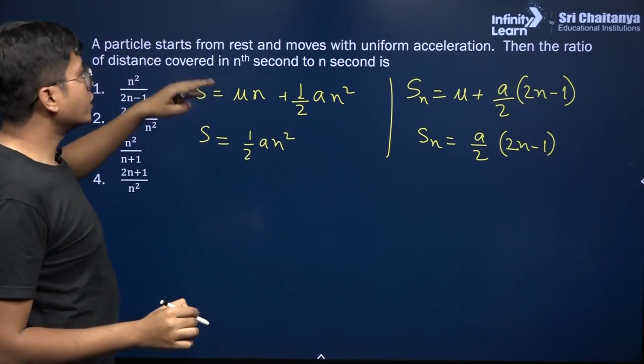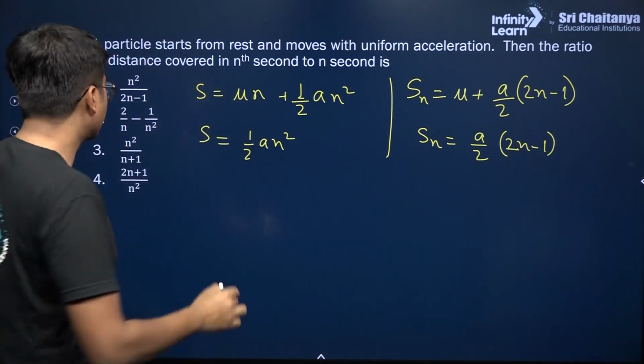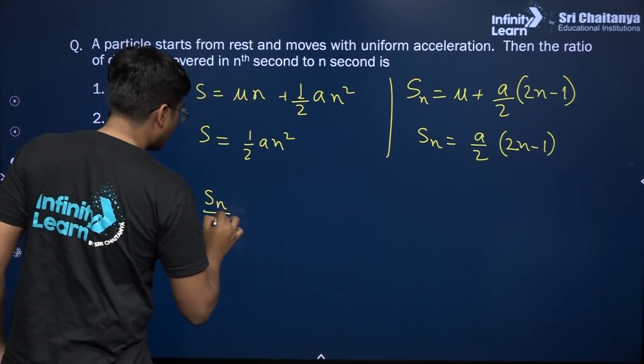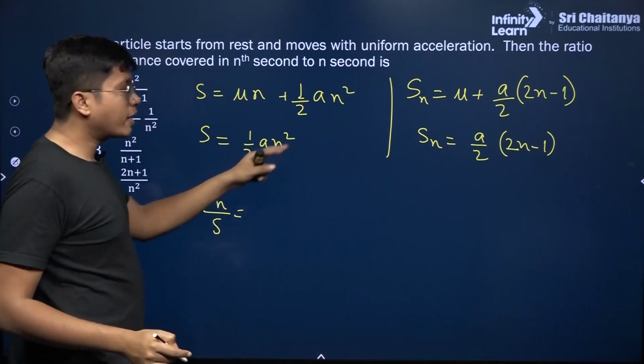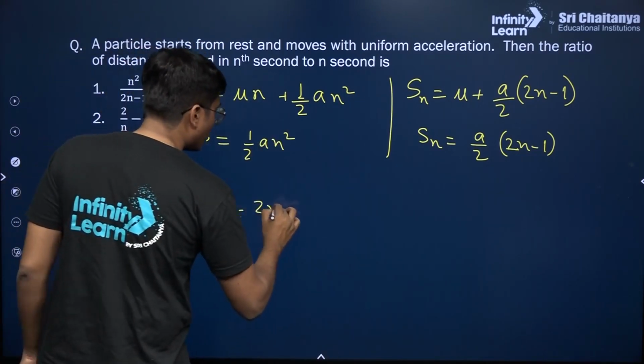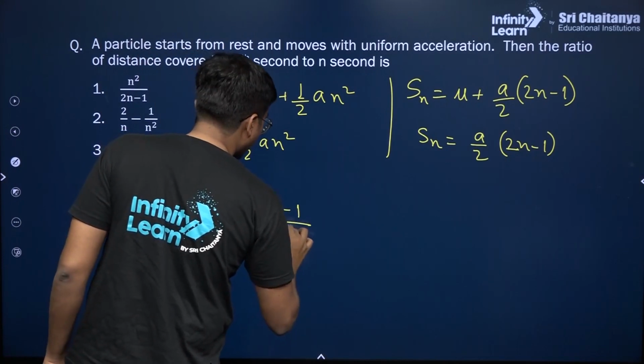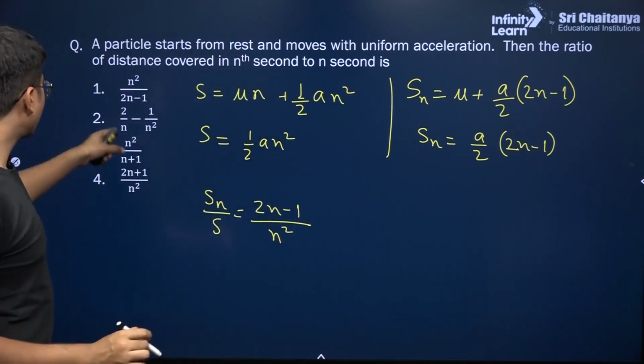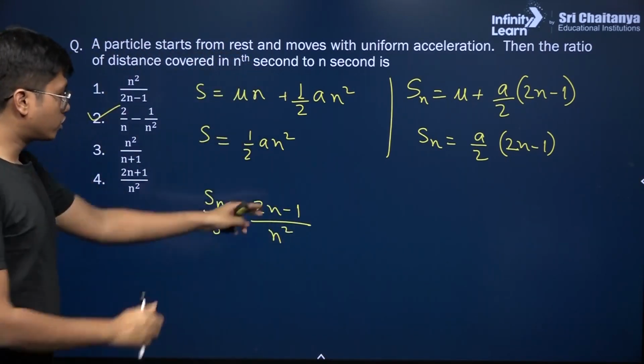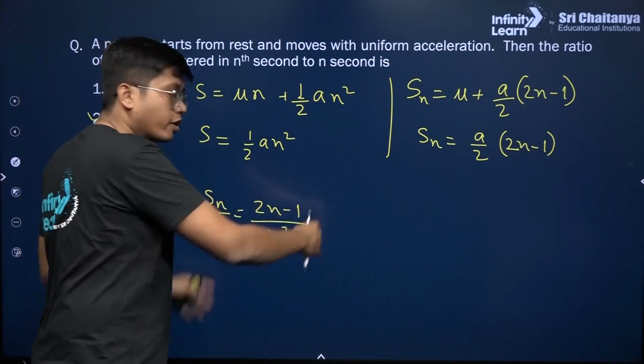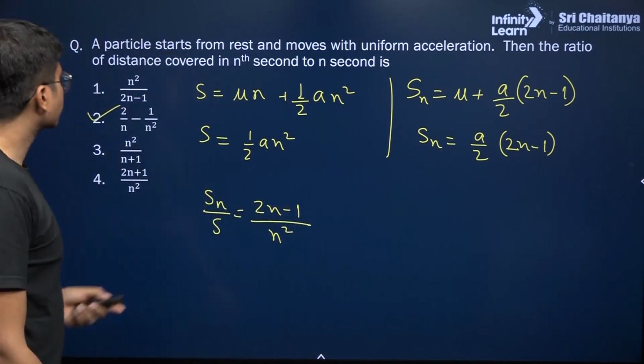We need the ratio of this, Sn by S. So Sn by S becomes equal to a by 2's cancel out. You essentially have 2n minus 1 divided by n square. So that is going to give you 2 by n minus 1 by n square. Just opening up, spreading up these into individual terms, you'll get it.